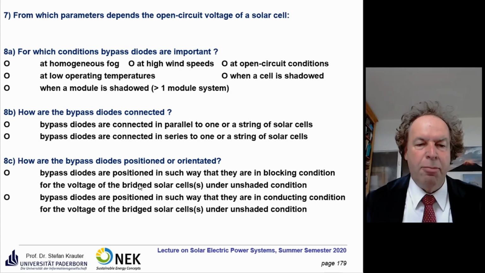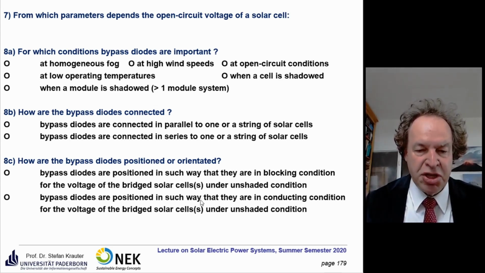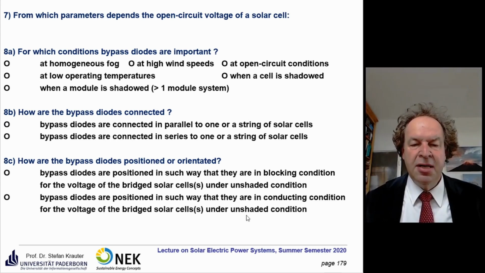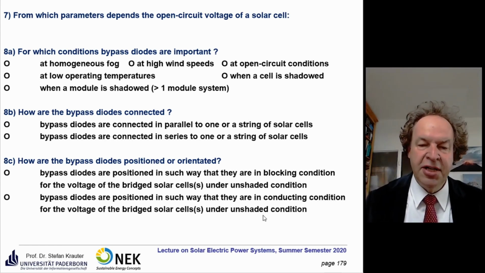Bypass diodes are positioned in such a way that they are in blocking conditions for the voltage of the bridged solar cells under unshadowed conditions. So it's a normal operation of the solar cells. Or bypass diodes are positioned in such a way that they are in conducting conditions for the voltage of the bridged solar cells under unshaded conditions.